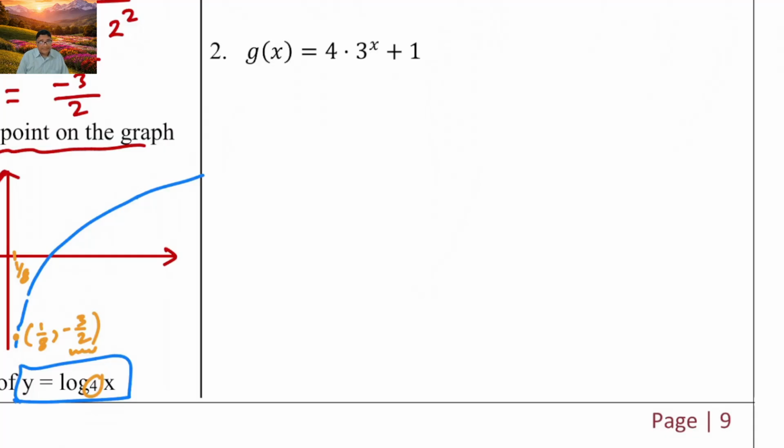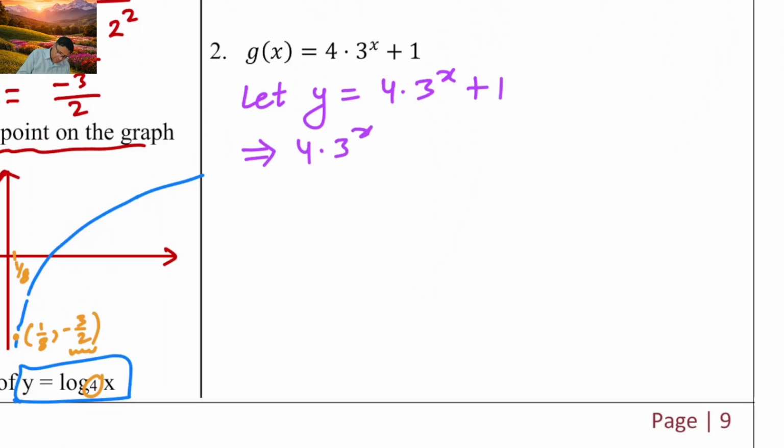This is for your practice. Do it and check with me. As always, let y equals 4 times 3 to the x plus 1. That dot is times. So we are trying to solve for x.